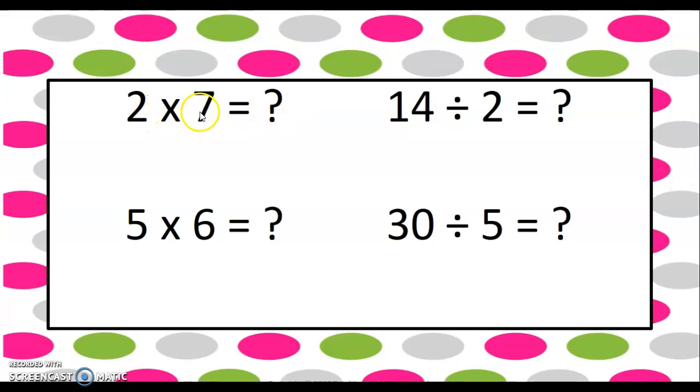So 2 times 7 equals 14. 14 divided by 2 equals 7. 5 times 6, 30 divided by 5. 5 times 6 is 30. 30 divided by 5 equals 6. You got it. You guys are on your way.